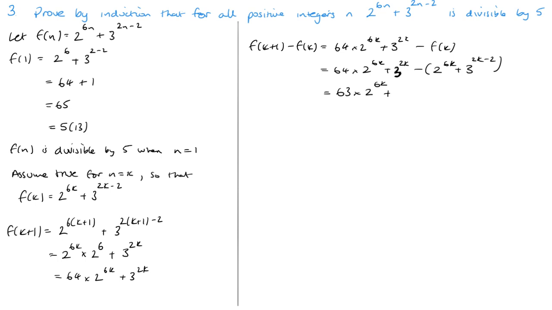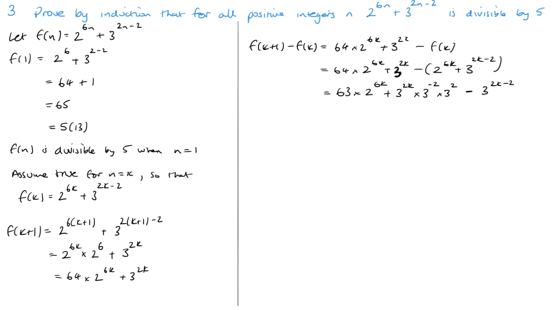Now, I've got 3 to the 2k. Now, if I want to multiply by minus 2 and multiply by 2, because 3 to the power negative 2 times 3 to the power 2 will just give me 1, so that's like multiplying by 1, and then I've got minus 3 to the 2k minus 2 over there, so this one.